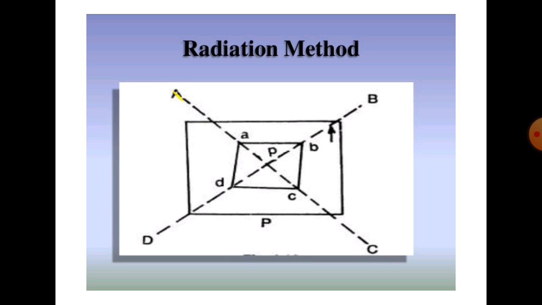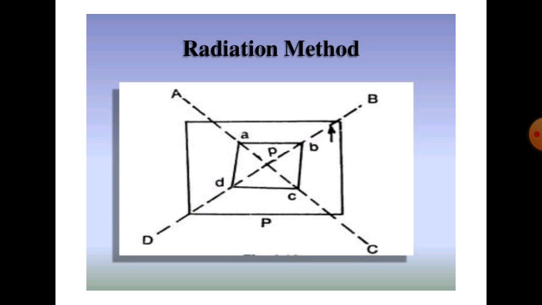But here no measurement is taken. Same from point P, the alidade touches at P and bisects point B, and we draw the line PB. Same for C, drawing line PC, and the same procedure is continued for point D.